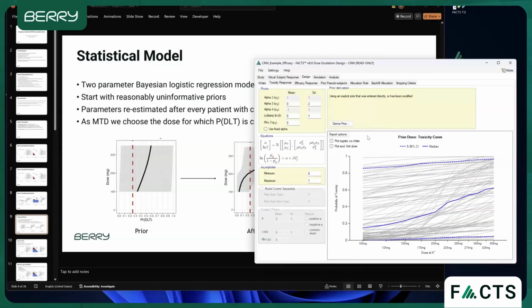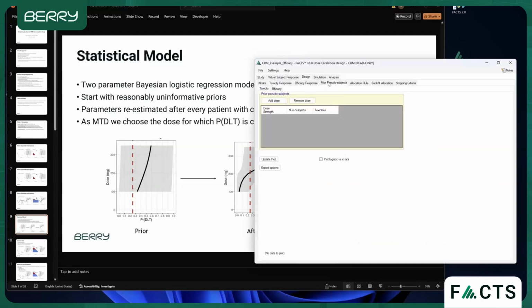And then what you do is you specify priors, both for the dose toxicity and for the dose efficacy relationship. Here for the dose toxicity, you can see that we've specified these priors, which are fairly standard and fairly uninformative. And this results in this plot, which is basically the same plot we've seen before, just upside down and mirrored. And you can see that we didn't specify prior pseudo subjects here.